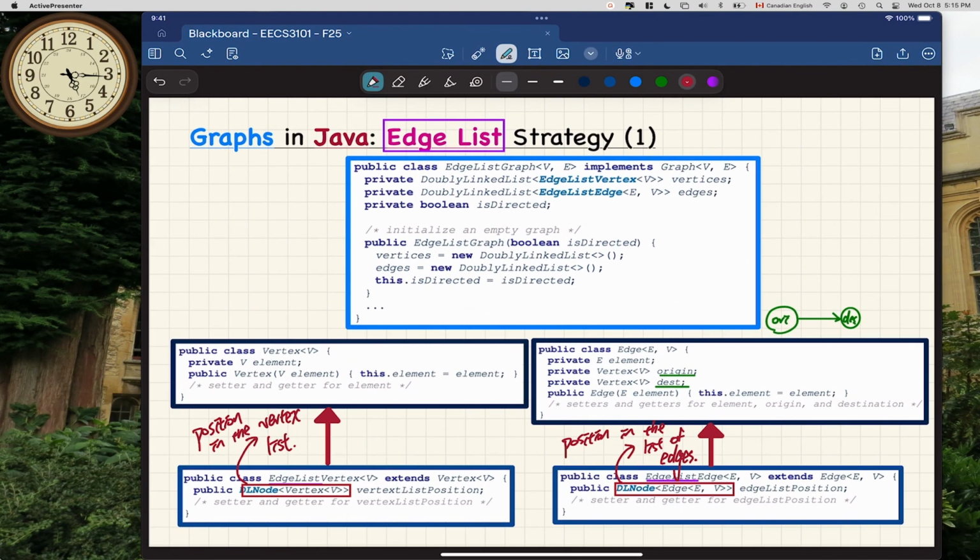And the final graph class we want to have is called edge list graph. Okay? V is the data type for the vertex, and E is for the data type of edge. We got two parameters over here. We got two doubly linked lists, one called vertices, the other called edges.